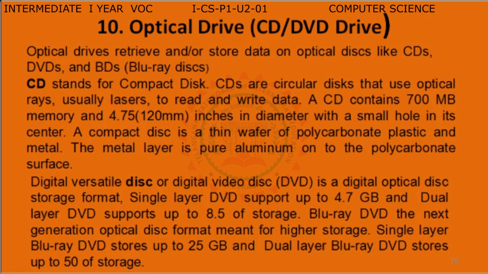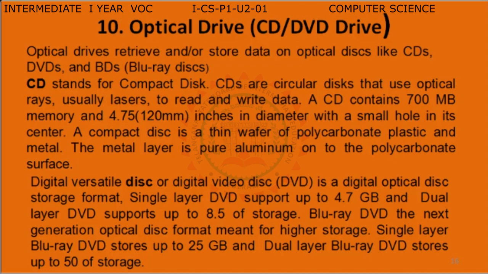Optical drive. Optical drives retrieve or store data on optical discs like CDs, DVDs, and Blu-ray discs. CD stands for compact disc. CDs are circular discs that use optical rays, usually lasers, to read and write data.